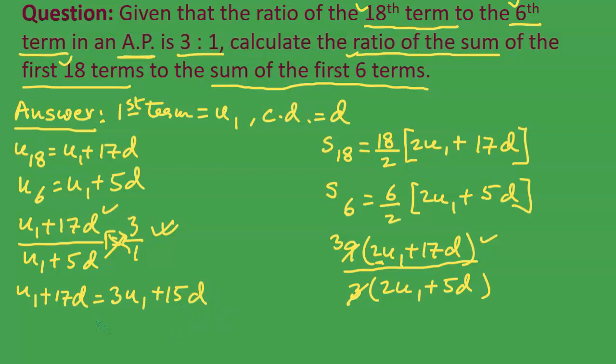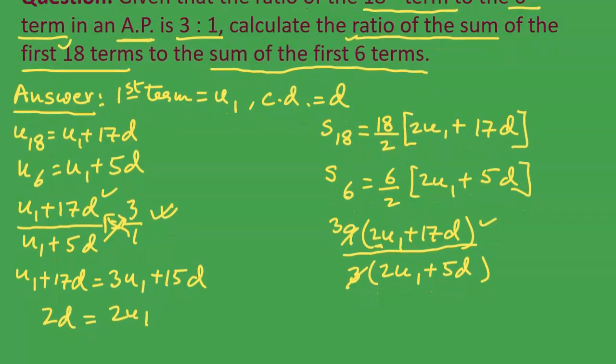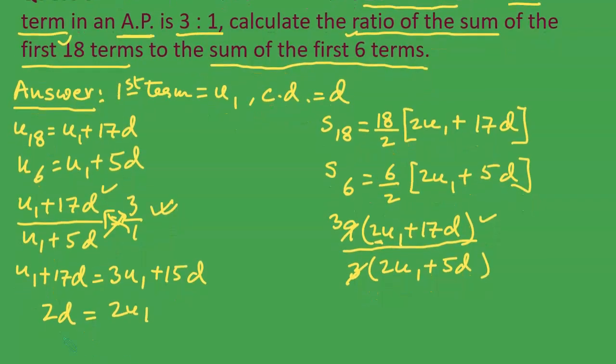And after simplification, 3U1 minus U1 will be equal to 2U1 and 17D minus 15D will be equal to 2D. So it is 2D equal to 2U1, or D is equal to U1. We have found this relation.